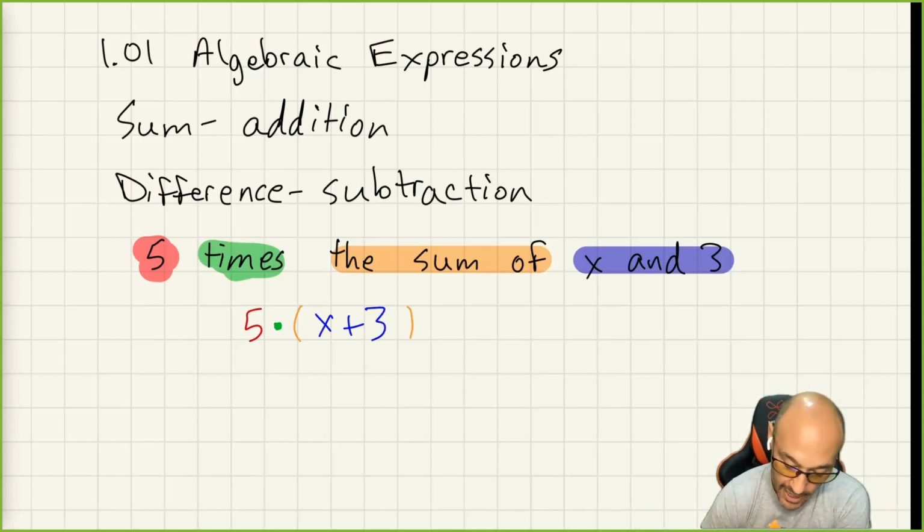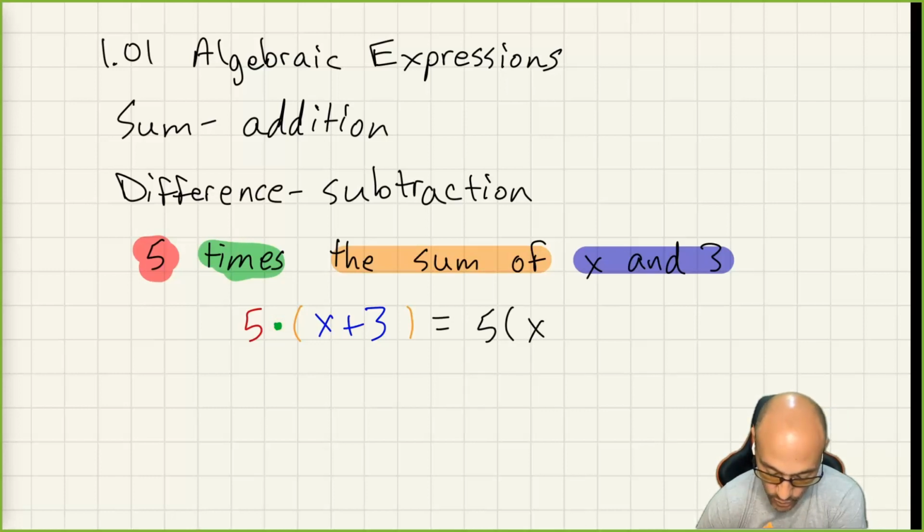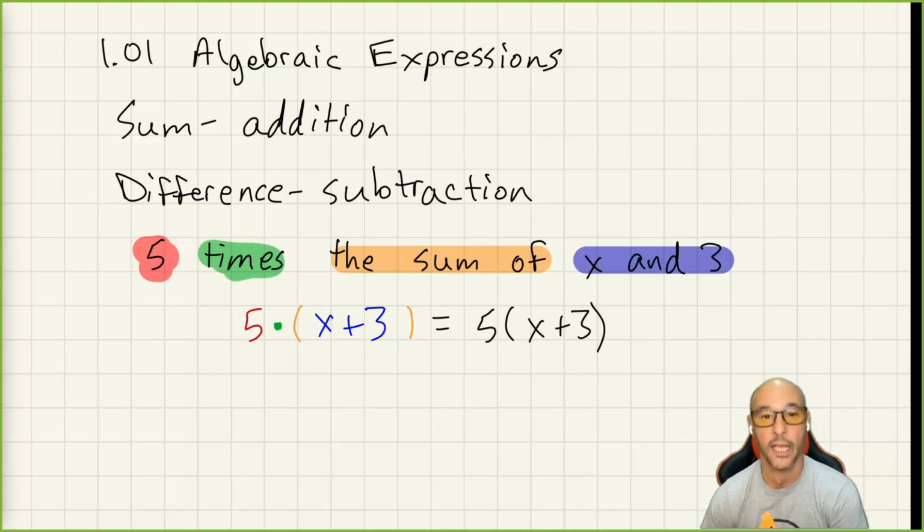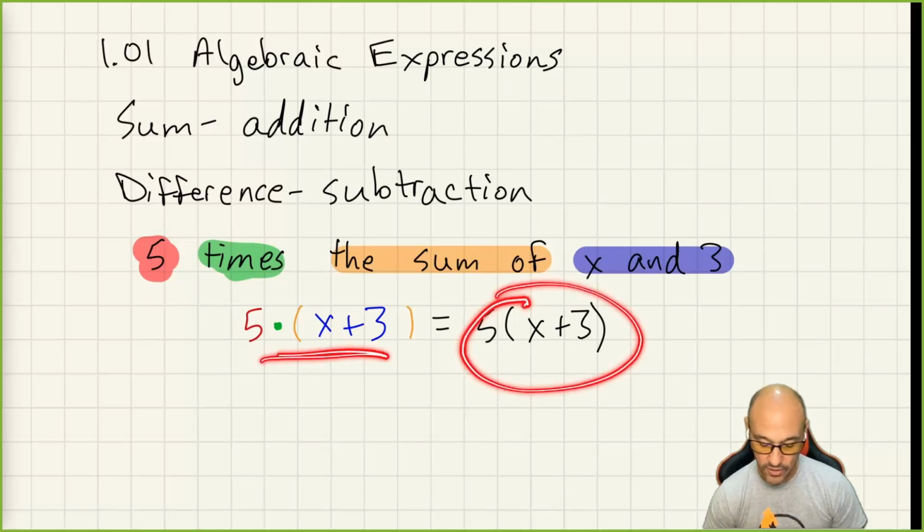Now, really, I don't need this multiplication symbol in there because when I put 5 right next to the parentheses, that means multiplication. Ultimately, this is the way I would want to see it, but this is fine.